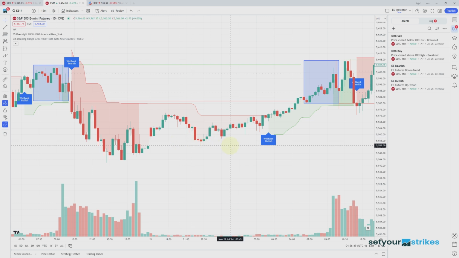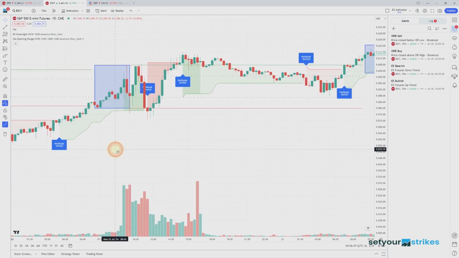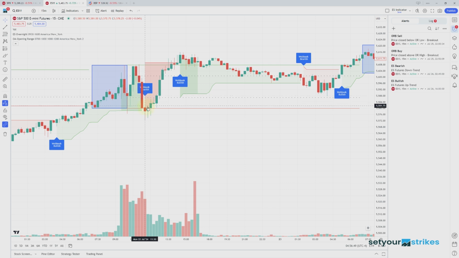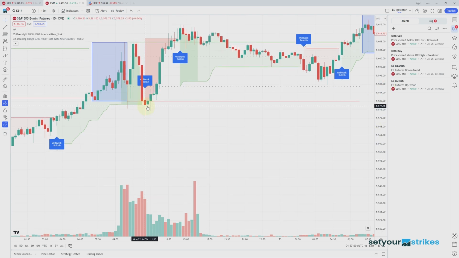Where did we put in a trade on the 22nd? I don't see one. No trade. Oh, you know what? Okay, so no, this should show it. Maybe it's hidden. Is it hidden behind there?